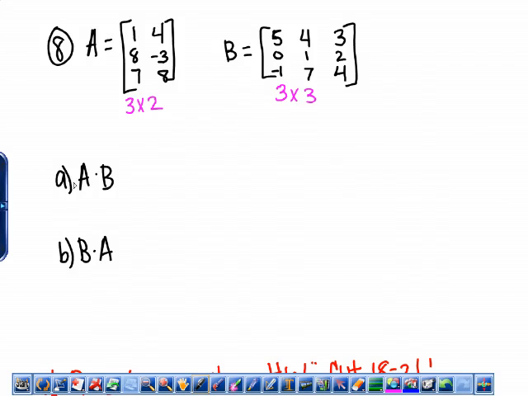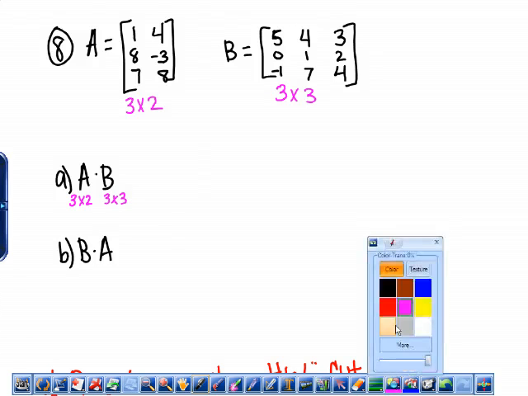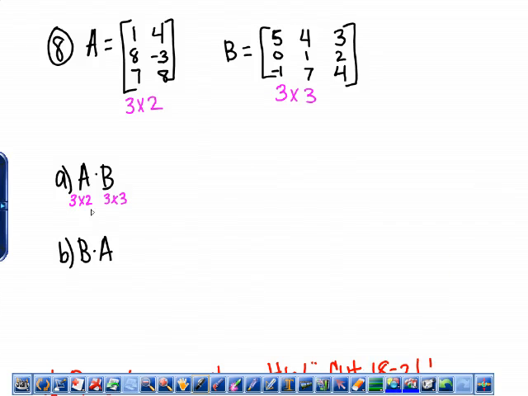So matrix A is a 3 by 2. Matrix B is a 3 by 3. Can I multiply these? No. The insides don't match. So this is not defined or not possible.